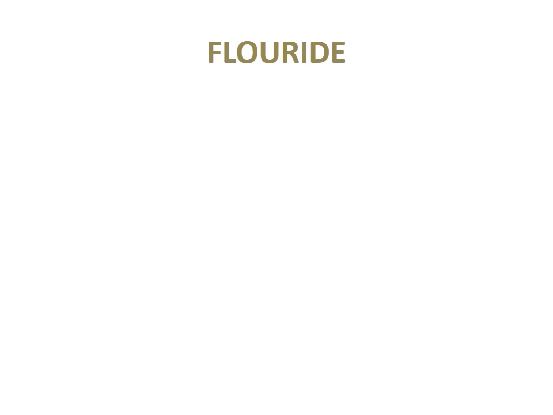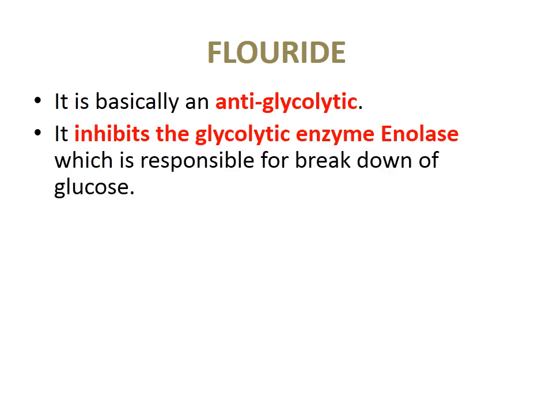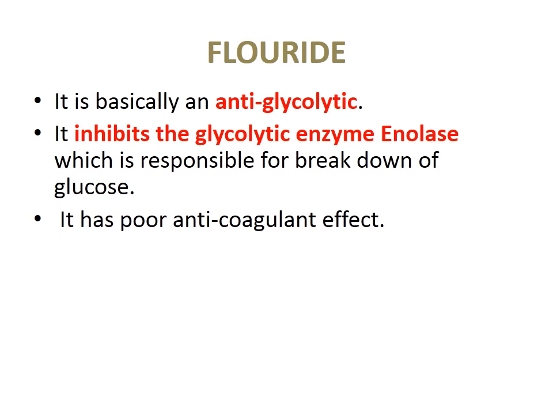Next is fluoride. Please keep in mind that the primary property of fluoride is that it is basically an anti-glycolytic. What does it mean? It inhibits the glycolytic enzyme enolase, which is responsible for the breakdown of glucose to 3-carbon pyruvate. It has a poor anticoagulant effect.